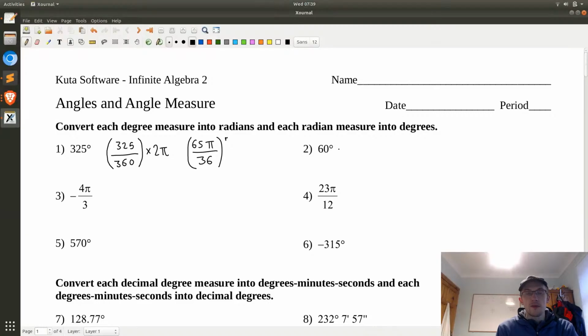Next up, 60 degrees, convert that to radians. Well, that is special because that's 1/6 of a full turn. So learn this. If it's 2 pi radians to make a full turn, then it would be 2 pi over 6, which is 1/3 of pi. Wait, where is my little tiny r symbol?